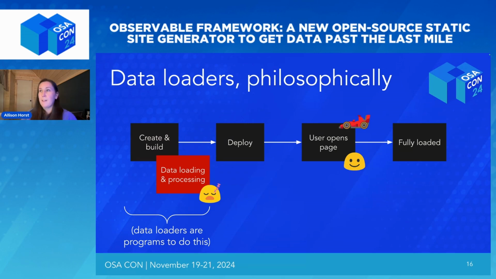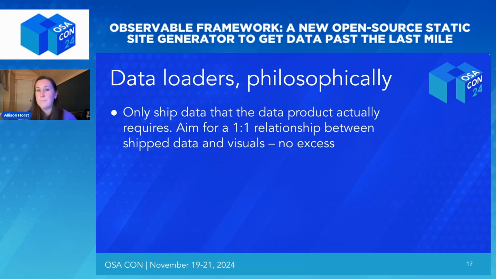You might still have long running models or time consuming database queries. But what they do allow you to do is move them earlier so that they are happening at build time and not after they're deployed. Then that baked data is actually what's getting shipped. Again, that's what allows this faster loading of data visualizations and pages: pre-baking the data and sending that in a package to your end users.